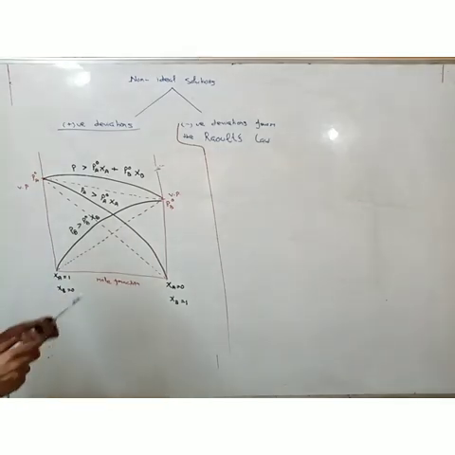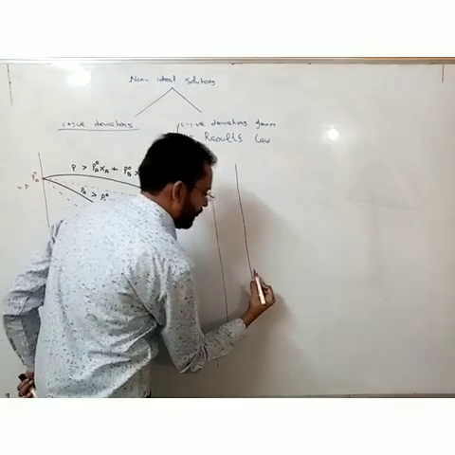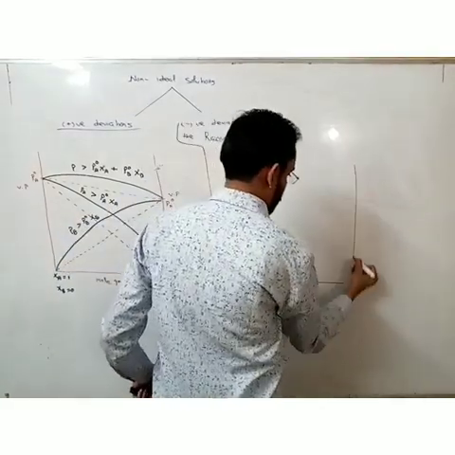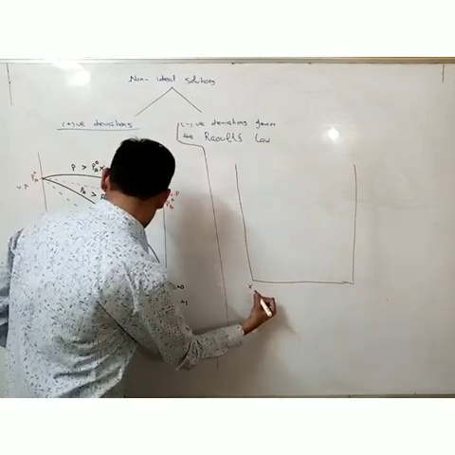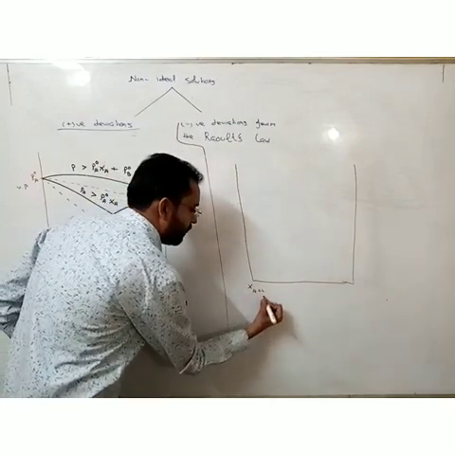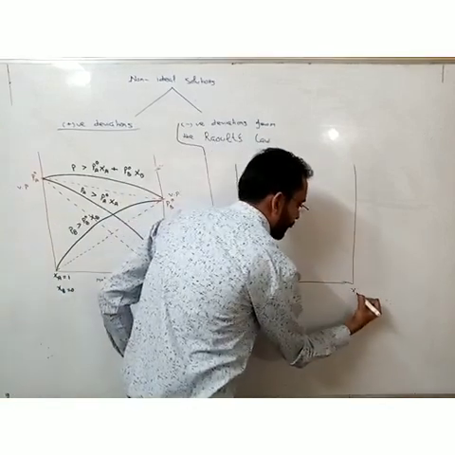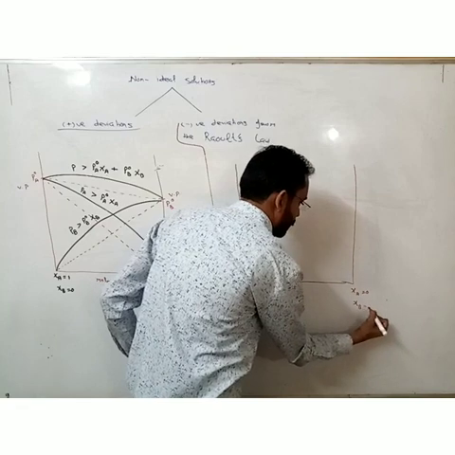Similarly, for a solution which shows negative deviations from Raoult's law, the graph can be plotted like this: XA1, XB0, XA0, XB1.